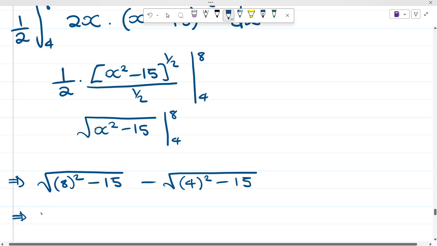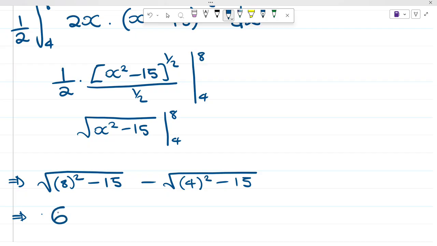My brain is not that good, so I'm going to use the calculator. So if you don't have a brain that is good like me, please make use of a calculator. So 4 squared minus 15 here, I'm getting exactly 6. So you must have gotten a 6 as well for you to have gotten the correct answer.